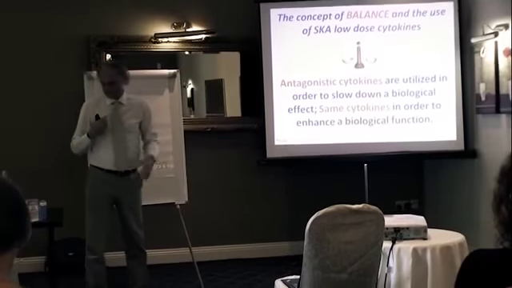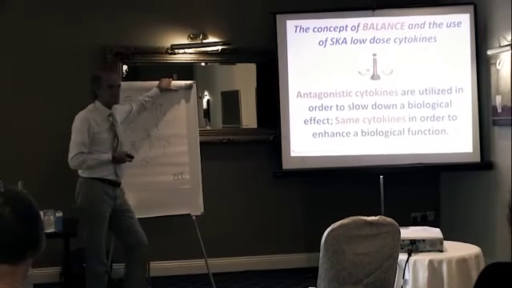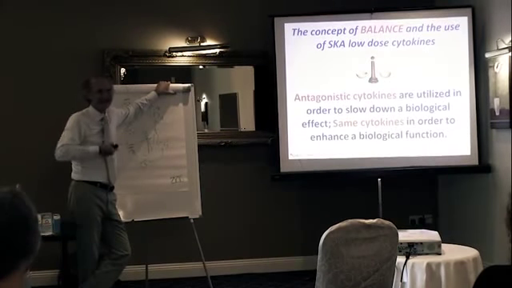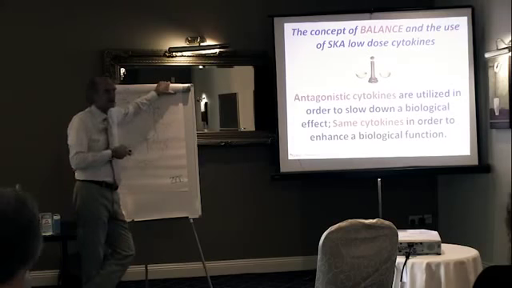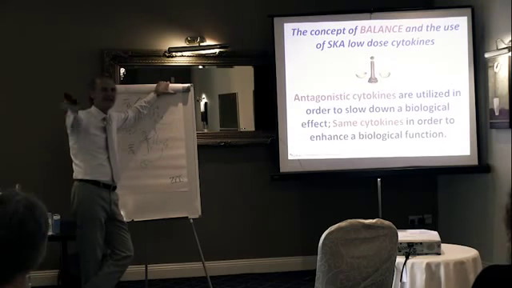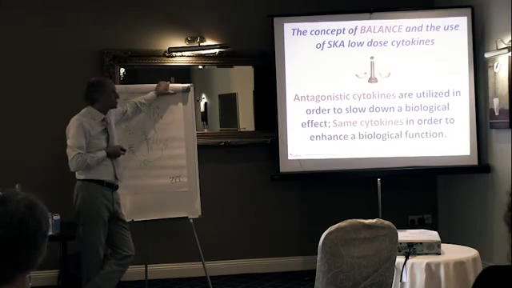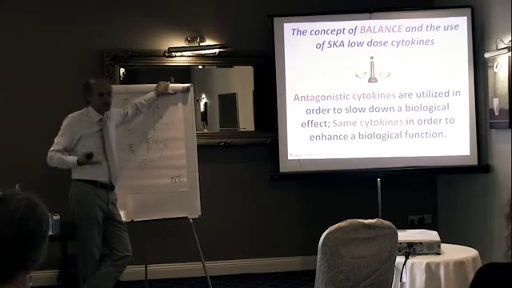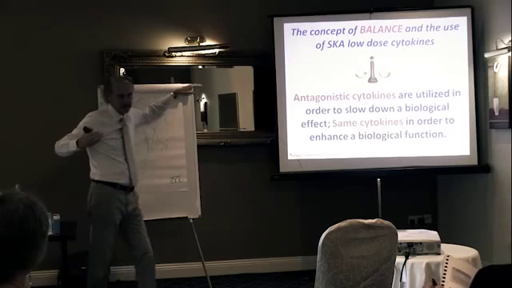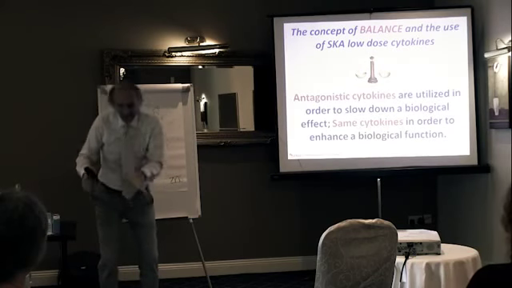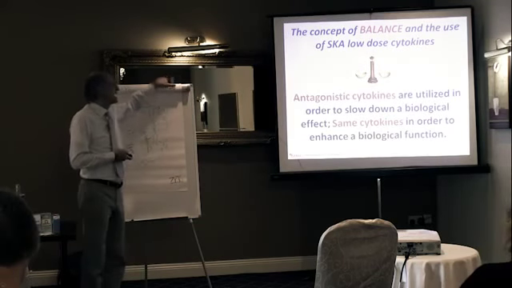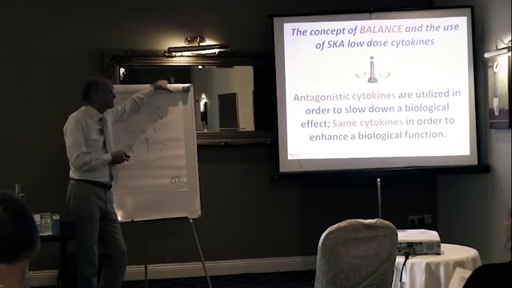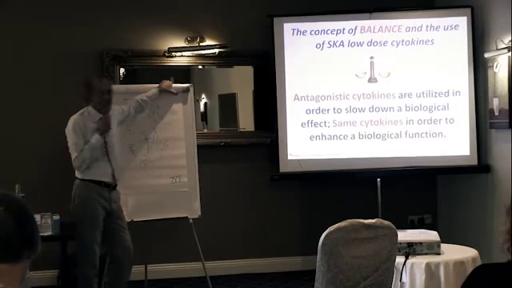We use opposite cytokines, antagonistic cytokines, to induce negative feedback, to slow down a biological effect. Or we use the same cytokine that is in deficiency in that disease to enhance the biological function.